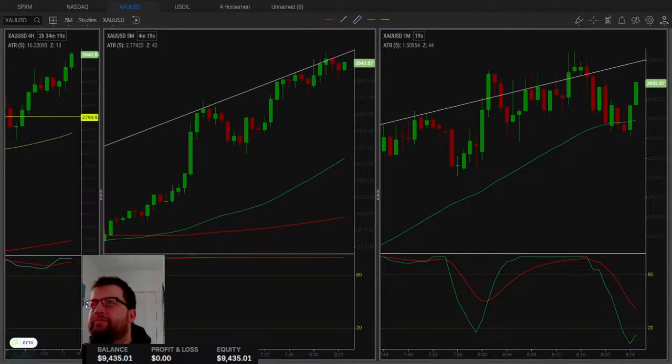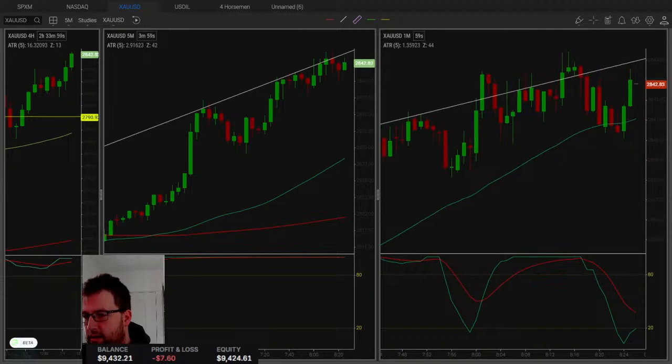20 seconds. Well, we might not have a lot of room actually. Well, we'll find out. Indicators be indicating. All right, we're in.